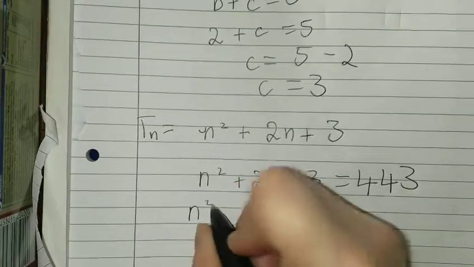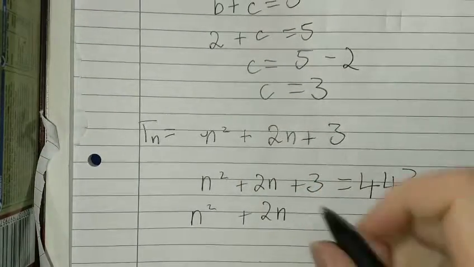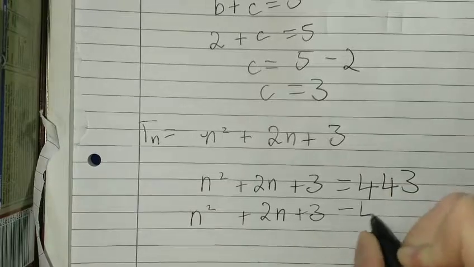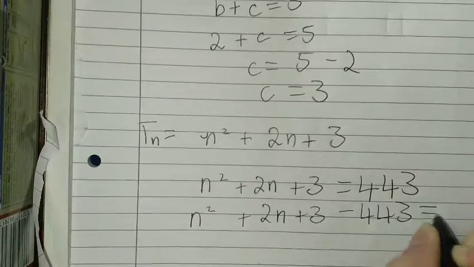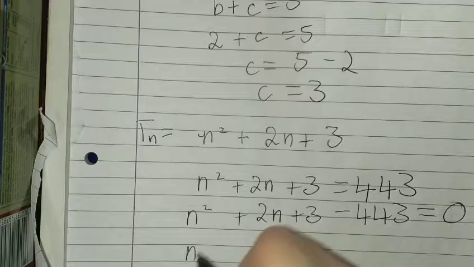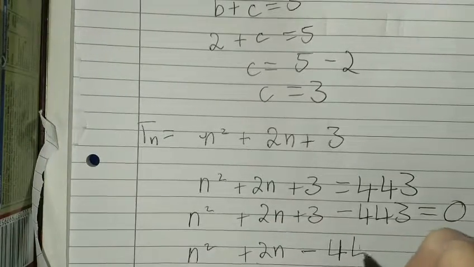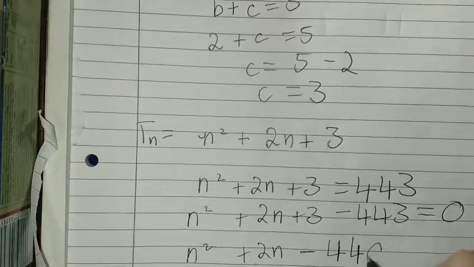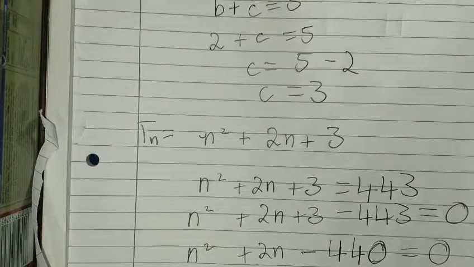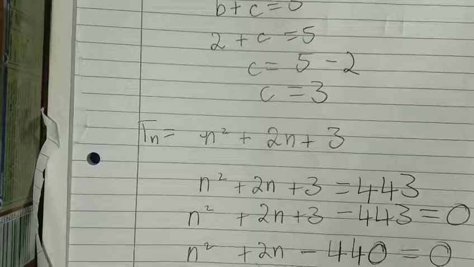So then I'm going to form a quadratic. So bring over my 443, so minus 443 is equal to 0. So n squared plus 2n minus 440 is equal to 0. So now I have a quadratic.